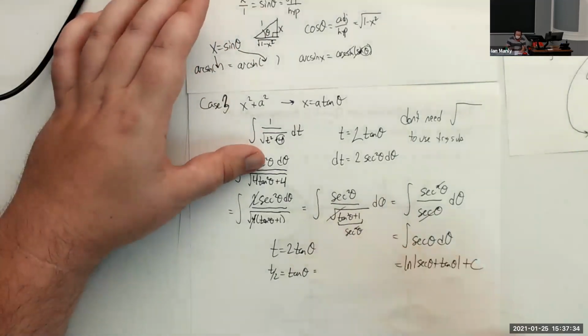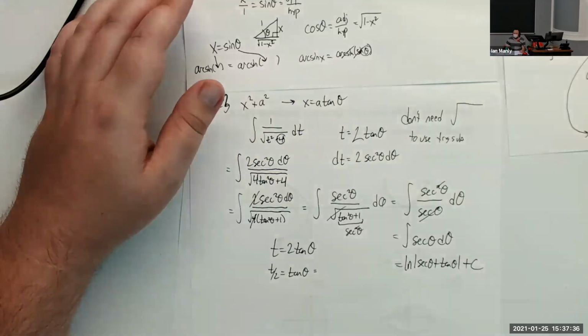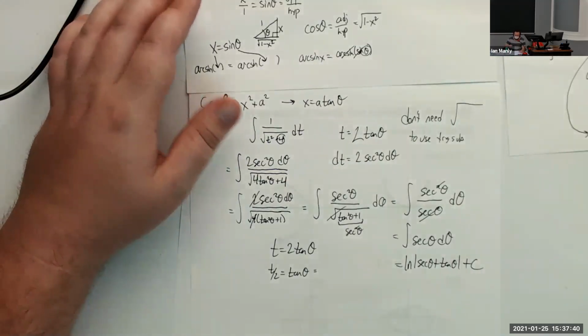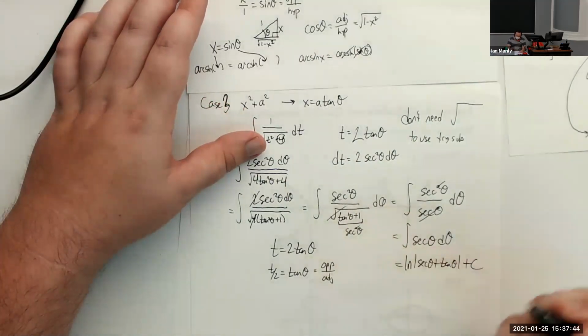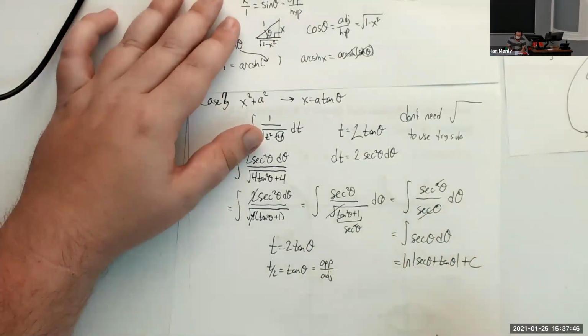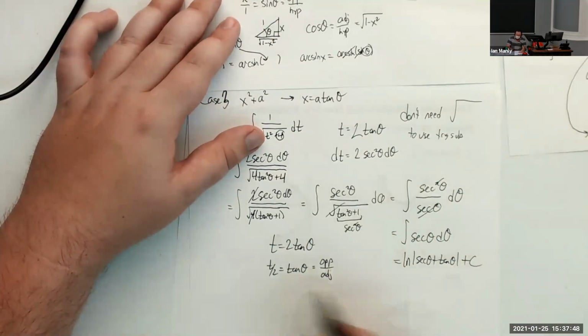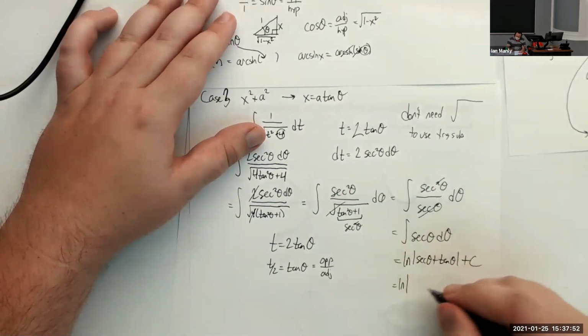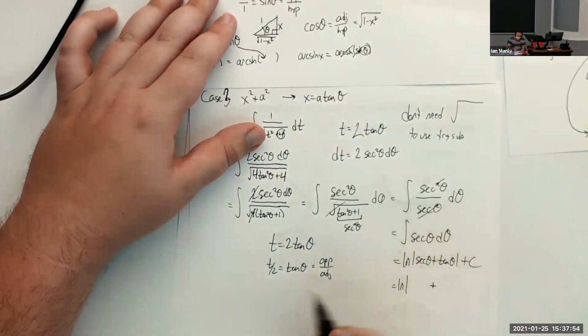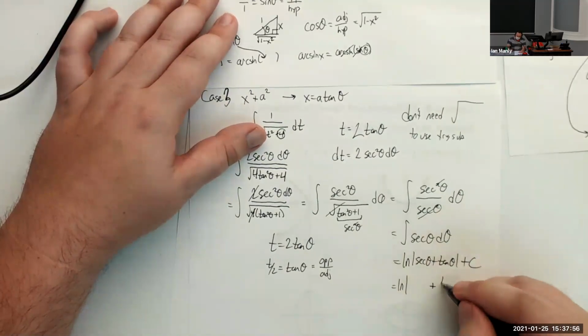And now in terms of SOHCAHTOA, tangent of theta is what? That's right. It's opposite over adjacent here. Now we don't even need the triangle to get this right here. So we have ln of absolute value, whatever secant is. We know that tangent is just t over 2.